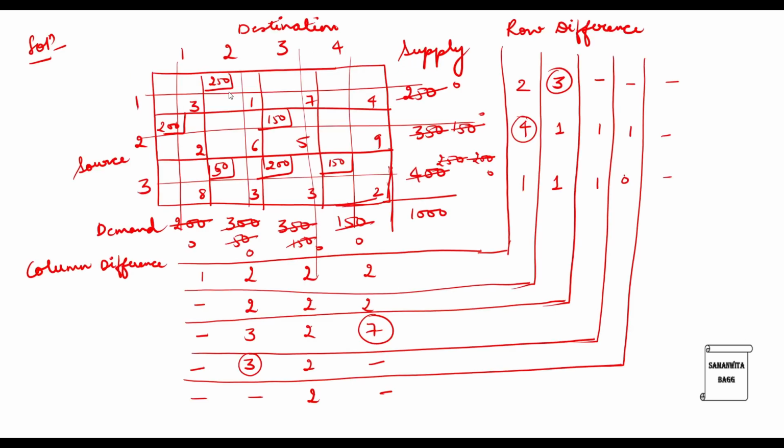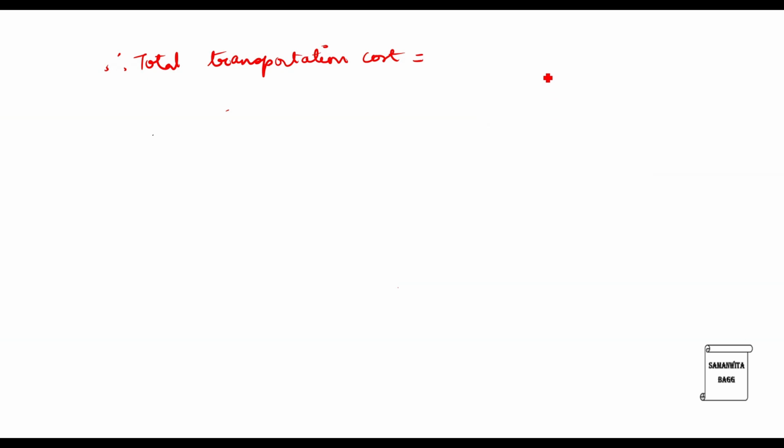So let's calculate the total transportation cost. We'll multiply 250 into 1, 200 into 2, 150 into 5 and so forth and get the answer.